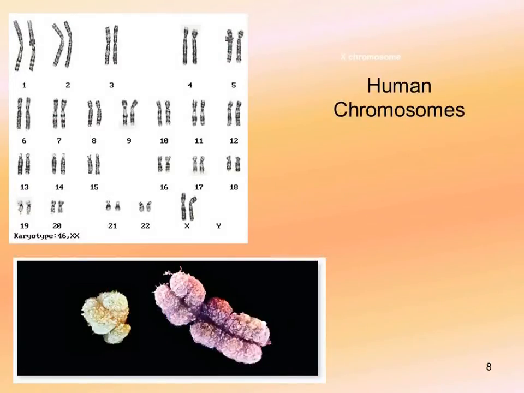As you know, humans have 22 pairs of autosomes and one pair of sex chromosomes. The picture in the top left is a karyotype of a female. The picture at the bottom is an electron microscope picture of a Y chromosome on the left and an X chromosome on the right.